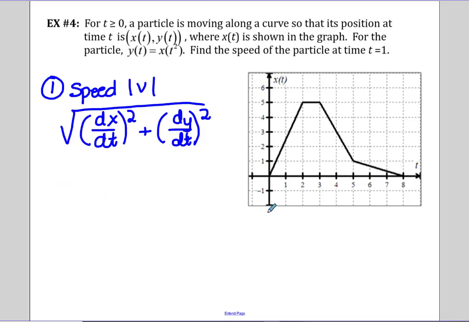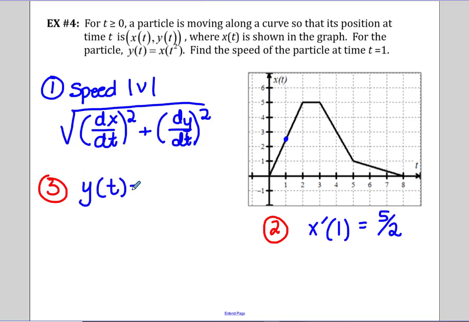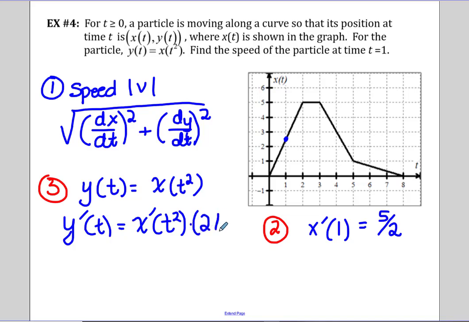And we're looking at the picture over here, and it looks like we're looking at time is 1. So at time is 1 right here, the x prime of 1 looks like a rise of 5 and a run of 2. So we've got a slope of 2.5 there. And then we want to think about if y of t is x of t squared, then y prime of t is going to be x prime of t squared times 2t.